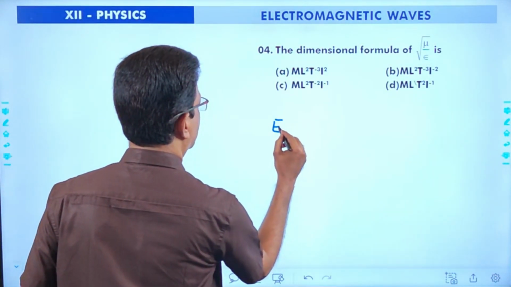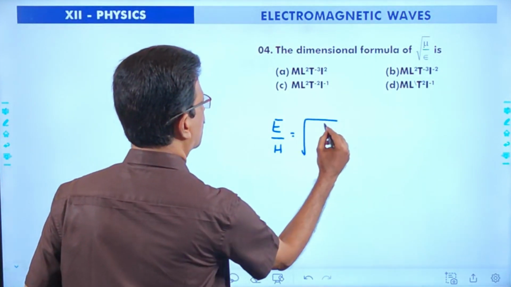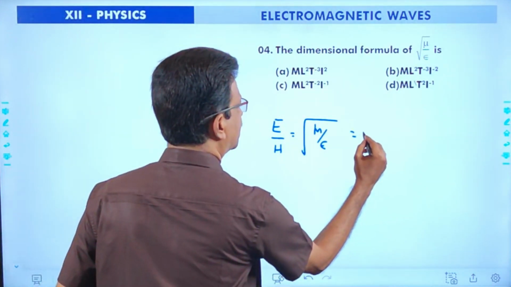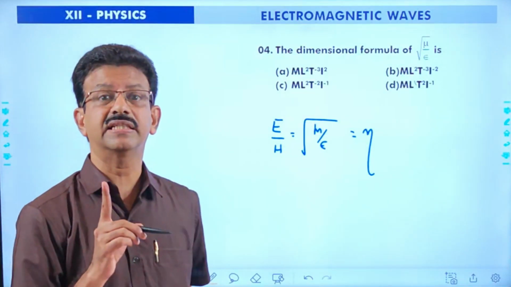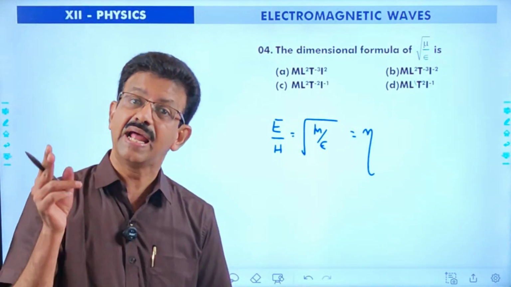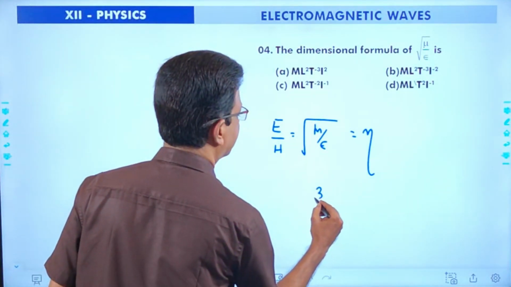Electric field to magnetic field ratio E by H equal to root of mu by epsilon equal to eta is called the characteristic impedance of a non-conducting medium, and for air its value is 377 ohm.